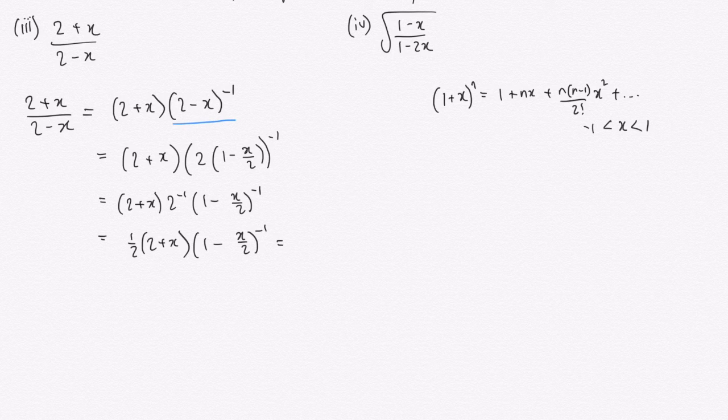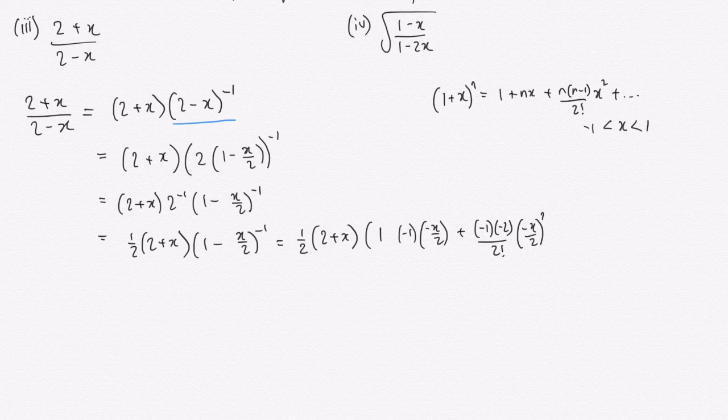And now we can do our binomial expansion, so this is a half of (2 plus x), lots of 1 plus nx, where n is negative 1, then in the place of x we have negative x over 2, plus n(n minus 1) over 2 factorial of (minus x over 2) squared, plus n(n minus 1)(n minus 2) over 3 factorial, lots of (minus x over 2) cubed.